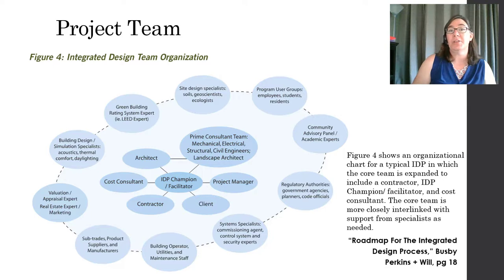In LEED projects, they'll call this the lead facilitator. All right. And you'll see that there are many other pieces of the team, all of these other different individuals who are also brought onto the project team. So what this diagram is trying to show you is that there's more cross coordination between all of the different players.